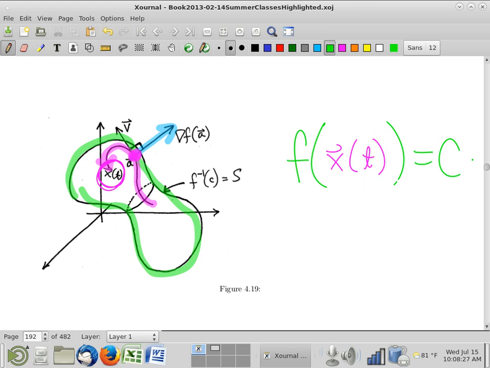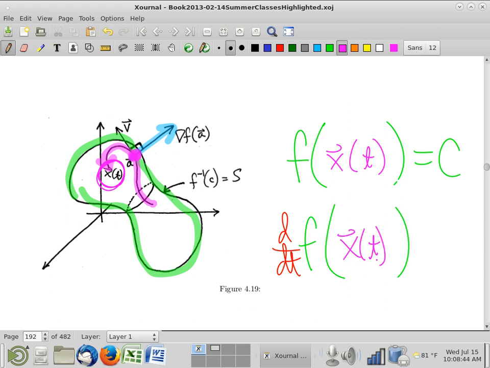So what does that mean? Now let's ask, how does this change? What's the derivative of this? I'm going to take the derivative of both sides. The derivative of f of x of t is equal to the derivative of c.